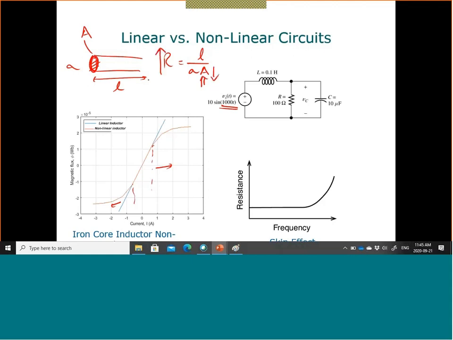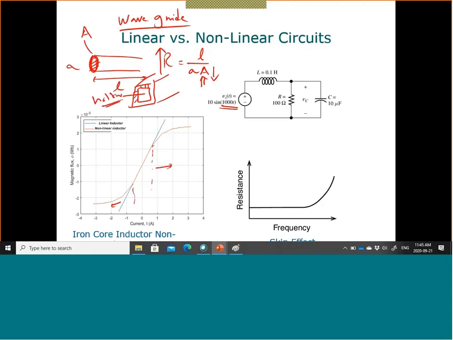This is why you will see the word waveguide if you work with RF signals. A waveguide's cross-sectional area is something like this. This is a waveguide. It's not a conductor here. This is hollow. There is nothing here, no material. Why? Because at this high frequency, the current will only concentrate here.